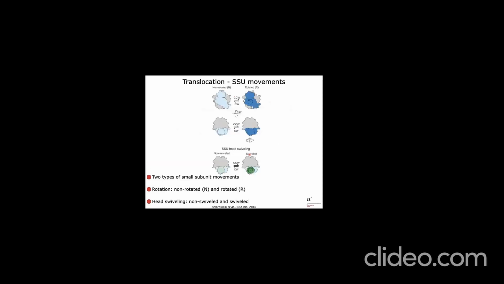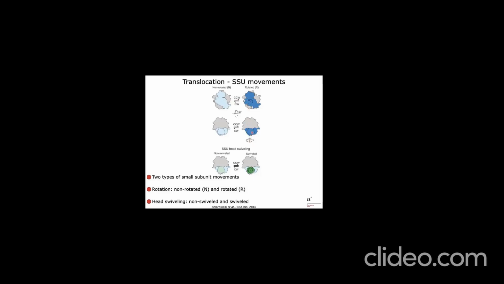Now, there are two types of rotations or movements of the small subunit, and that's shown here from the bottom. So you can, on the one hand, see that there's a rotation between the light blue and the dark blue, and then also there is a second movement which you can see if you look at the head of the small subunit, and that's a so-called swiveling.